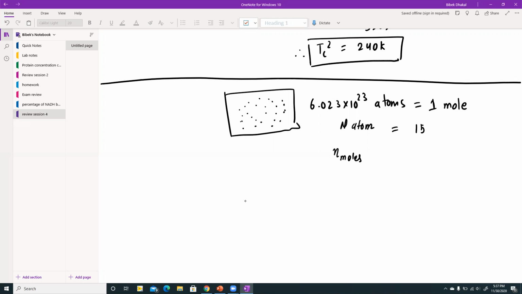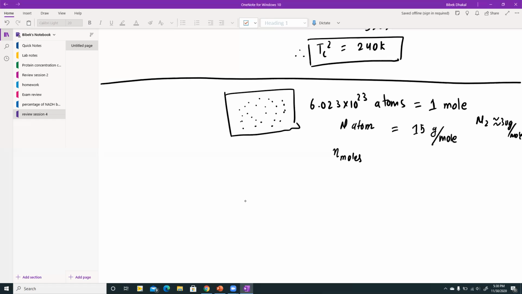If you look at the periodic table, you can find the atomic weight of nitrogen to be about 15, so it's 15 gram per mole. If the gas is in gaseous form, then it will be N2, and in that case you have about 30 gram per mole as the molecular weight.